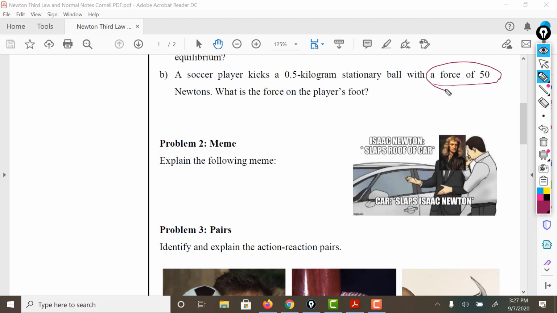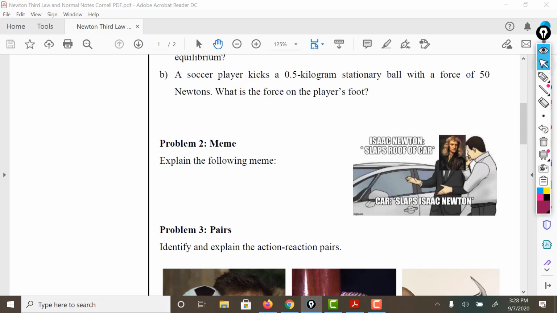The soccer ball hits the player's foot back with a force of 50 newtons. It would be negative because it's in the opposite direction. You know that sometimes if you ever kick the soccer ball wrong, maybe head on with toes, and you didn't have good shoes, you felt it. Yeah, the ball went, but your toes felt it as well.